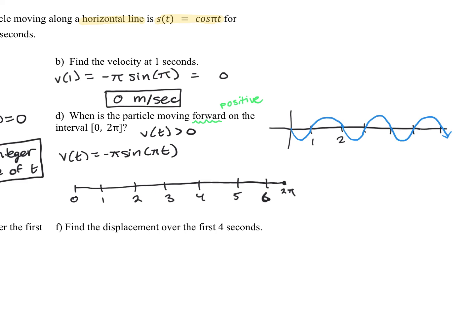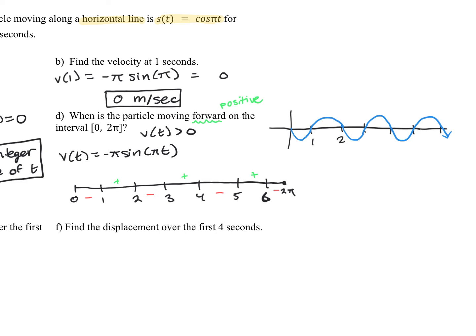So you can see that it's going to just keep alternating between going below and above the x-axis, which means that here it's negative, here it's positive, negative to positive, and then negative to positive. And you would get that same result if you just plugged in values in each of those intervals.